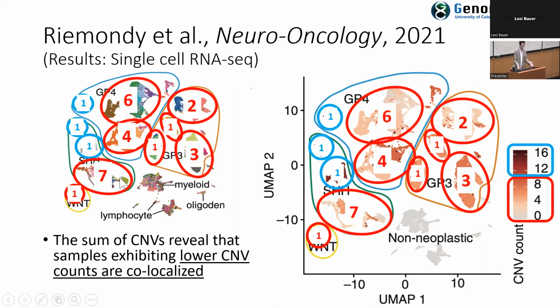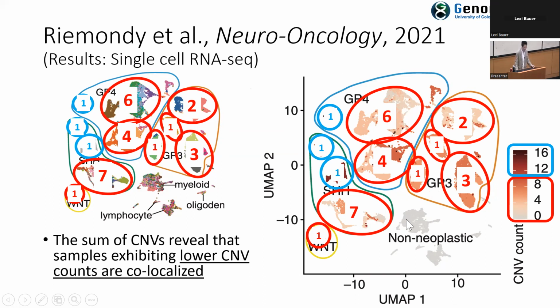What they find is that apparently there's an interesting correlation between the sum of the CNVs, where the lower the CNV counts, they're colocalized with the patients. So for example, over here, these are basically the same, right? This group of clusters over here, there are 7 patients in there, and all 7 patients just happen to have low CNV counts, and 6 patients with low CNV counts.